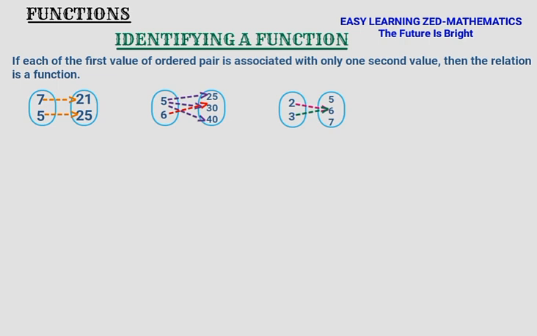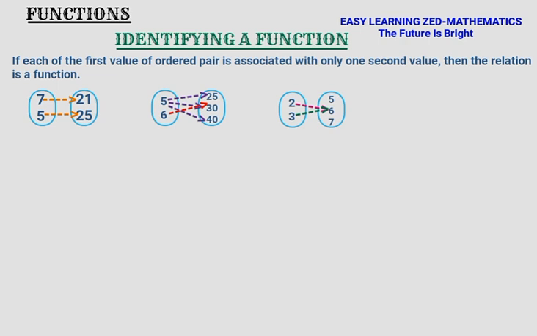As you can see, 7 is related to 21 and 5 is related to 25. The element in the first set is just related to one image. 7 is just related to one image, which is 21, and 5 is only related to one image.